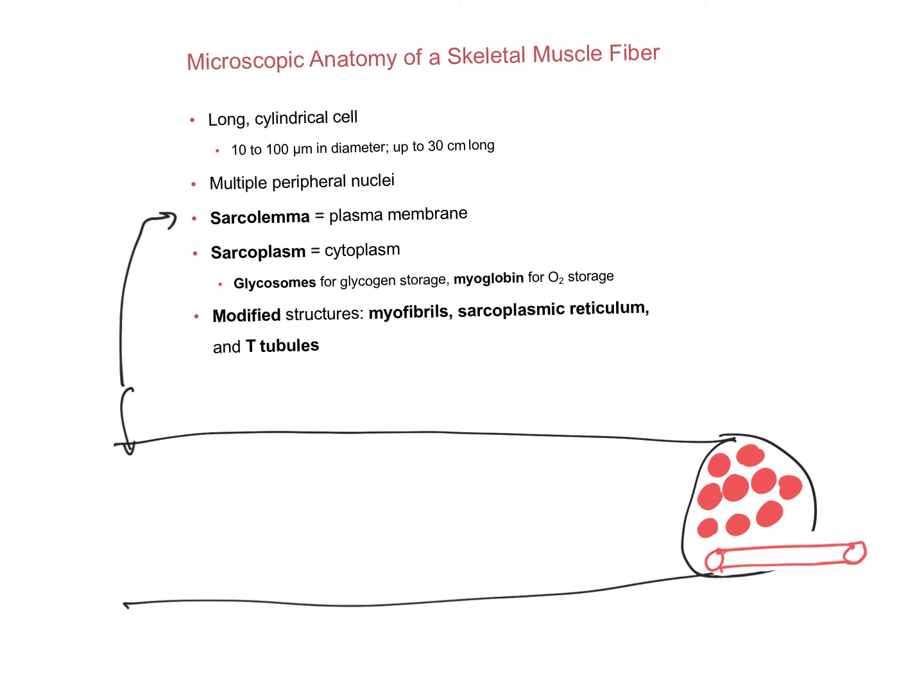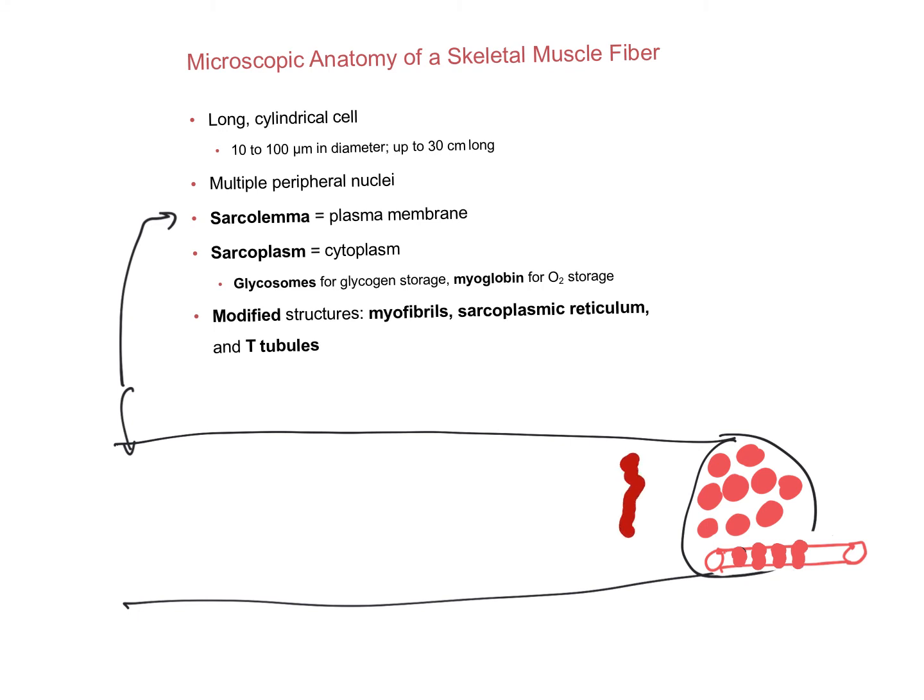Now, we also have these things. What else do we have? What is present at regular patterns along not only the myofiber, the striations, right?